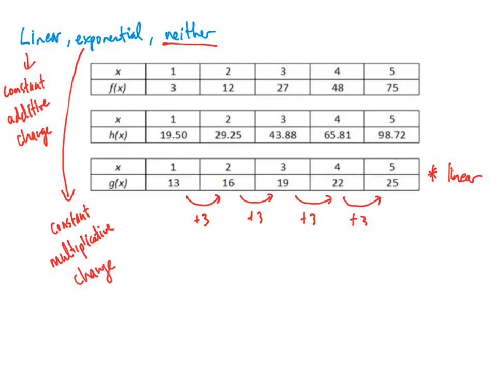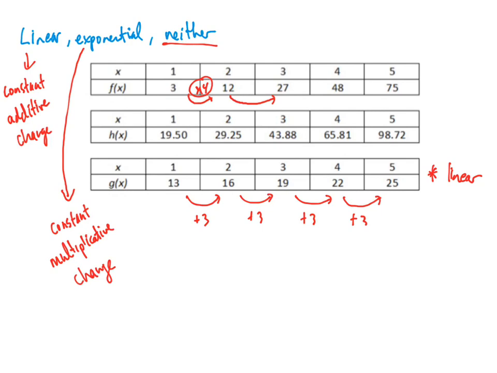Now, looking at the first function, f of x, to go from 3 to 12, we're multiplying by 4. But then to get from 12 to 27, we're not multiplying by 4 anymore. It looks like we're multiplying by about 2 1/4. So because the multiplying is not the same, this is not exponential.